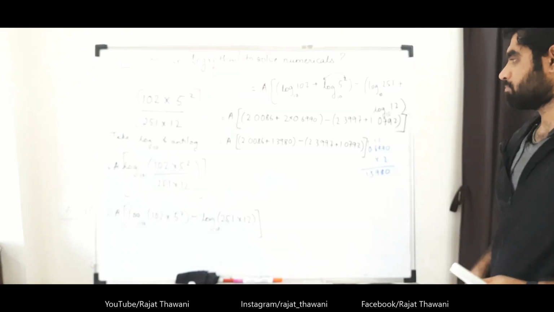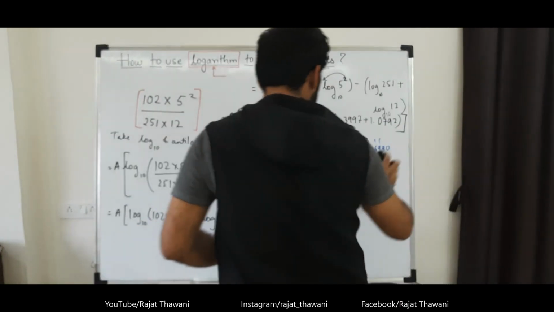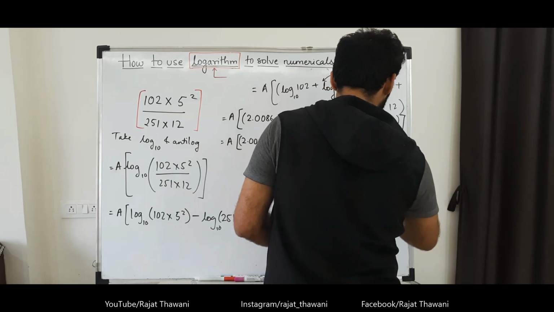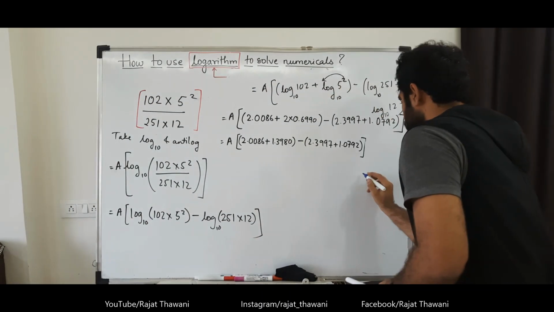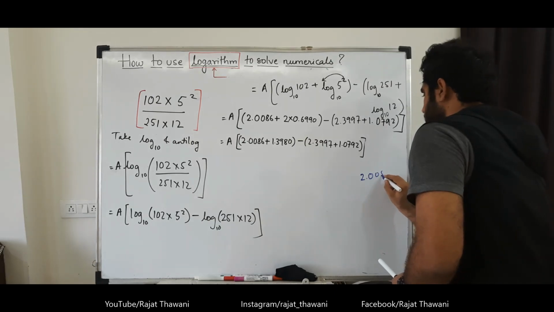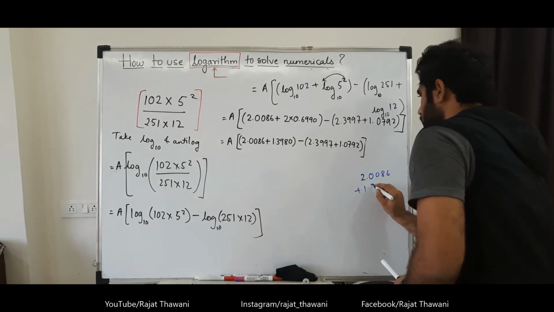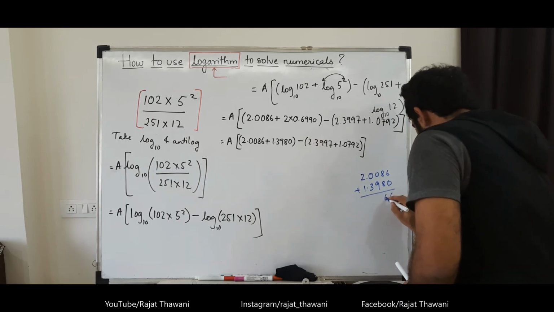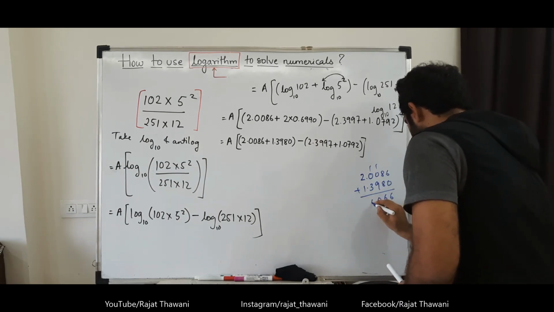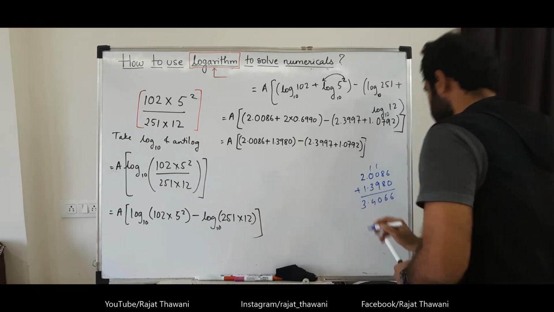Okay, so let's add it. 0086 plus 1.3980 gives 3.4066.